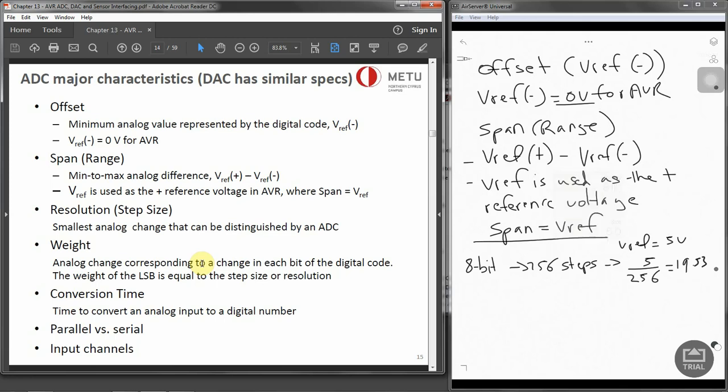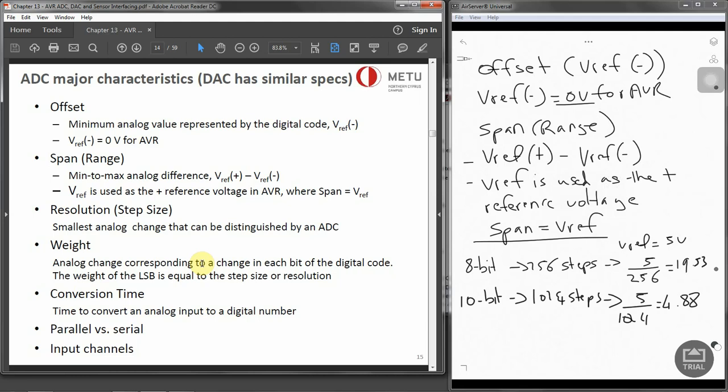Or if we have a 10-bit, 2 to the power 10, 1024 steps, that will give us 5 over 1024, which is 4.88 millivolts. And if you have 12 or 16 bits, we can easily calculate that as well.